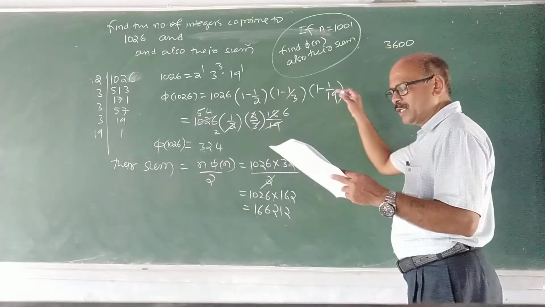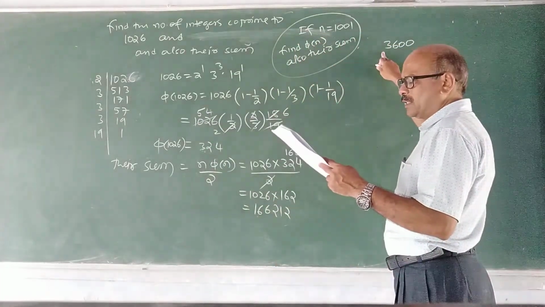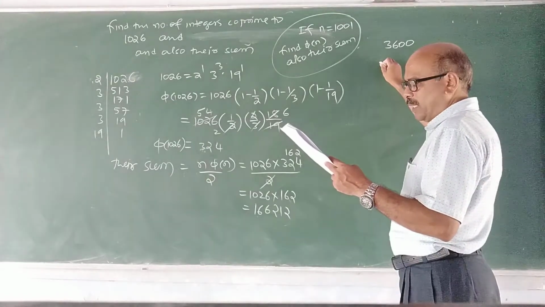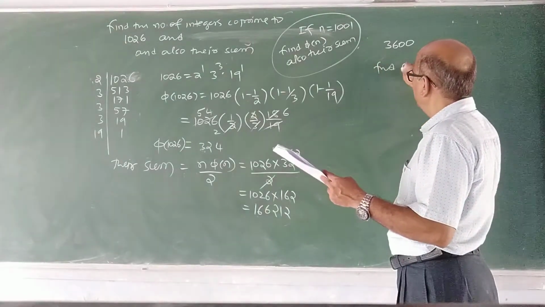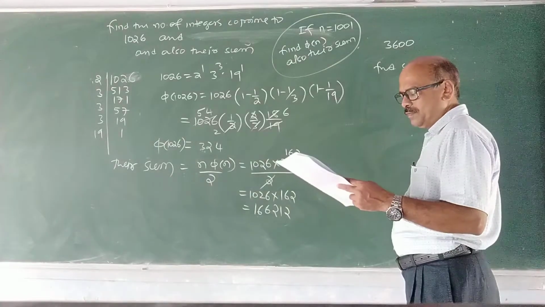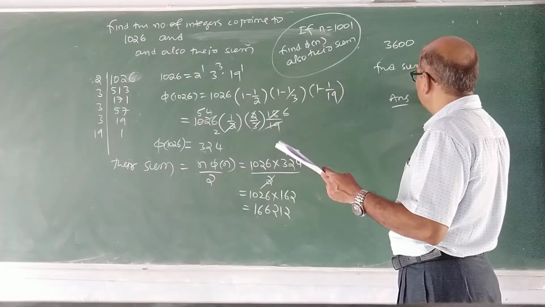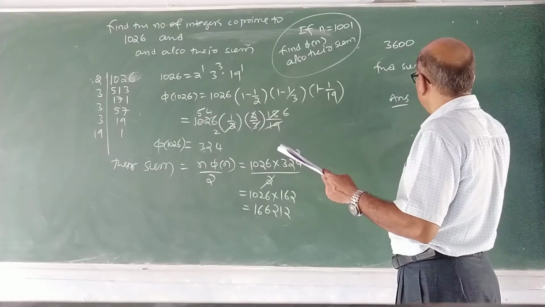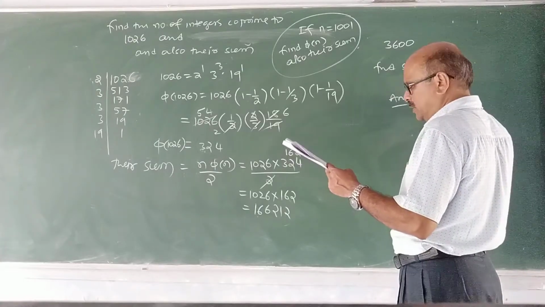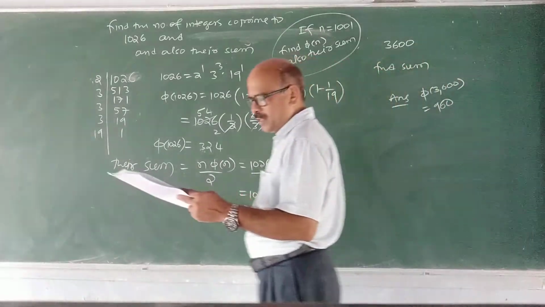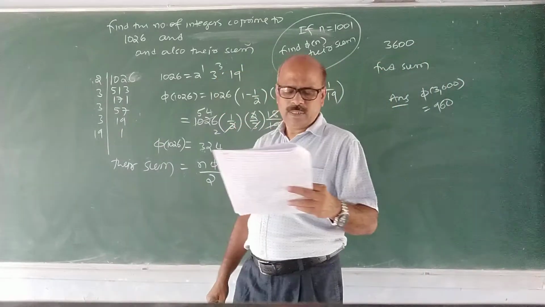Therefore, you have to strictly find out less than 3600 and co-prime to 3600, and also find sum. Their number, pi of 3600, is 960. You calculate, it is 960.